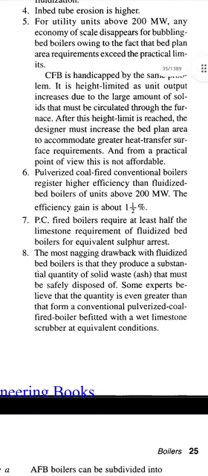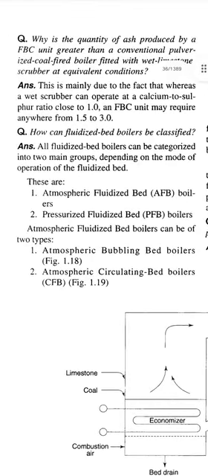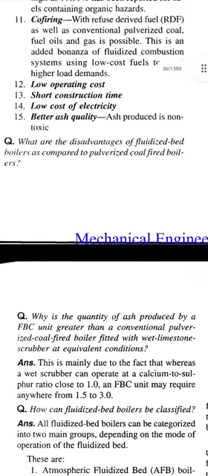Last, the most nagging drawback with fluidized bed boilers is that they produce a substantial quantity of solid waste ash that must be safely disposed of. Some experts believe that the quantity is even greater than that from a conventional pulverized coal-fired boiler outfitted with a wet limestone scrubber at equivalent conditions. These are the disadvantages of fluidized bed boilers.